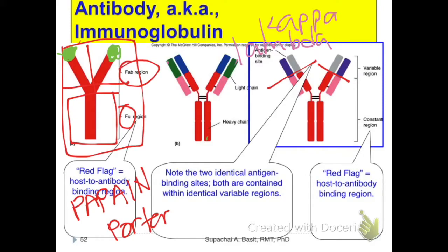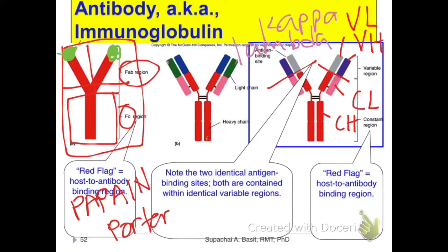What are the domains? We have the variable light chain, the variable heavy chain, the constant light chain, and the constant heavy chain. These are the 4 domains in immunoglobulins.